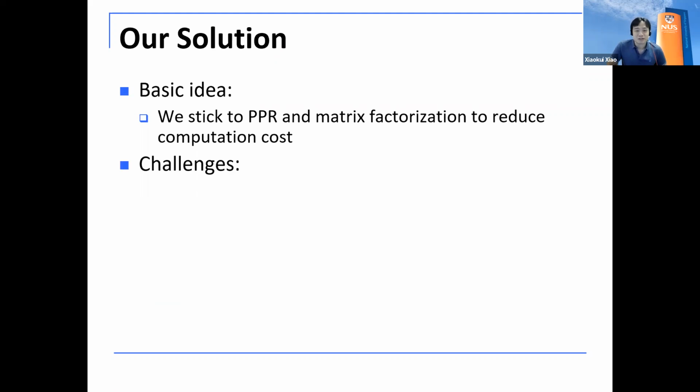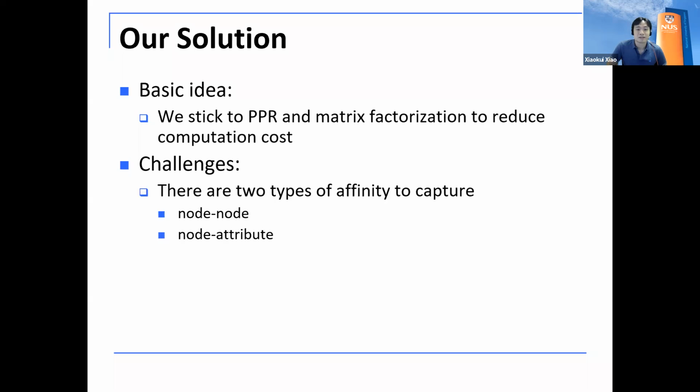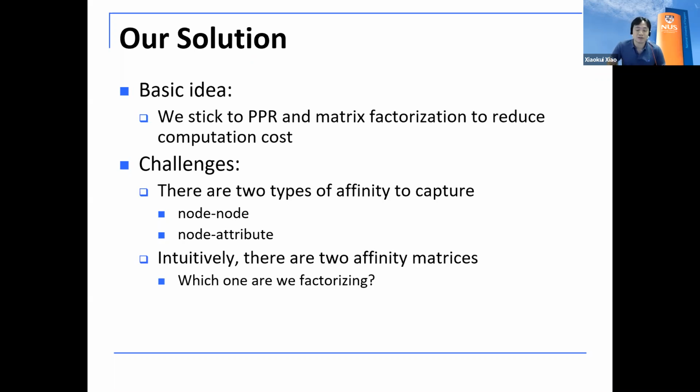But there are several challenges that we need to address here. First, now we need to tackle two types of affinities in this case. We have the affinity between nodes, and then we have the affinity between nodes and attributes. So that complicates the problem a lot. Since we have two different types of affinities, intuitively we're going to have two different affinity matrices.